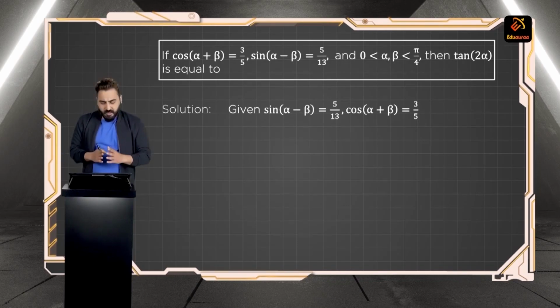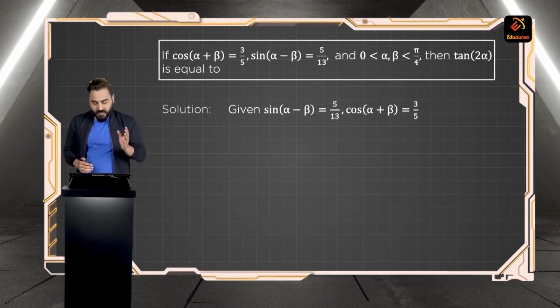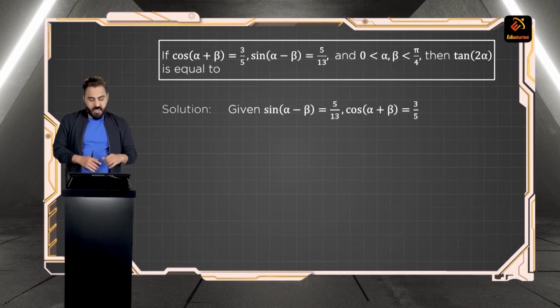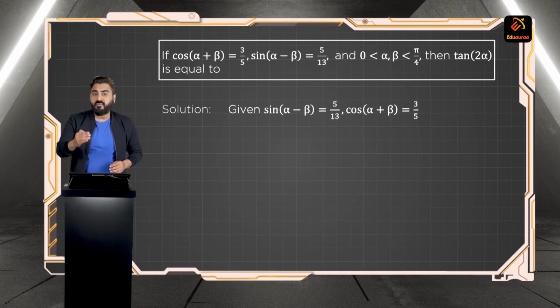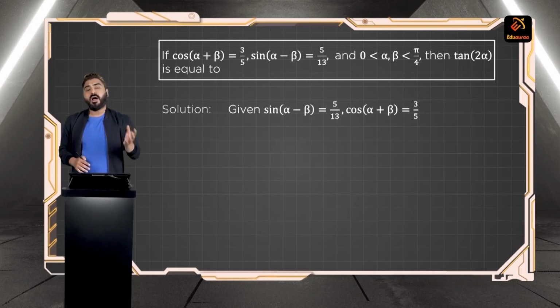We know that these angles lie in our first quadrant, so the answer of tan 2 alpha will also lie in our first quadrant.